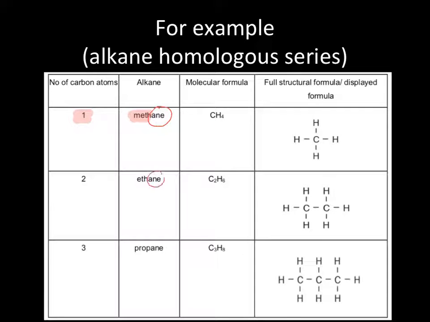You realize that all will have -ane because they belong to the alkane family, and the front part again depends on the number of carbons. If it's 2 carbons, it will be ETH. If it's 3 carbons, it will be PROP. So for alkanes, the first member is called methane, the second member is called ethane, and the third is called propane. So this is the first 3.